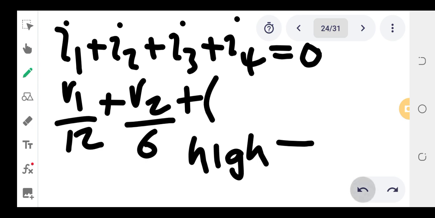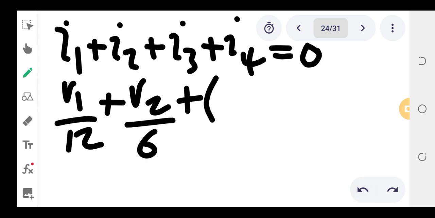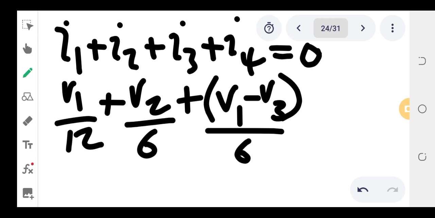So in this case, I3 will be equal to V1 minus V3 over 6, plus I4.